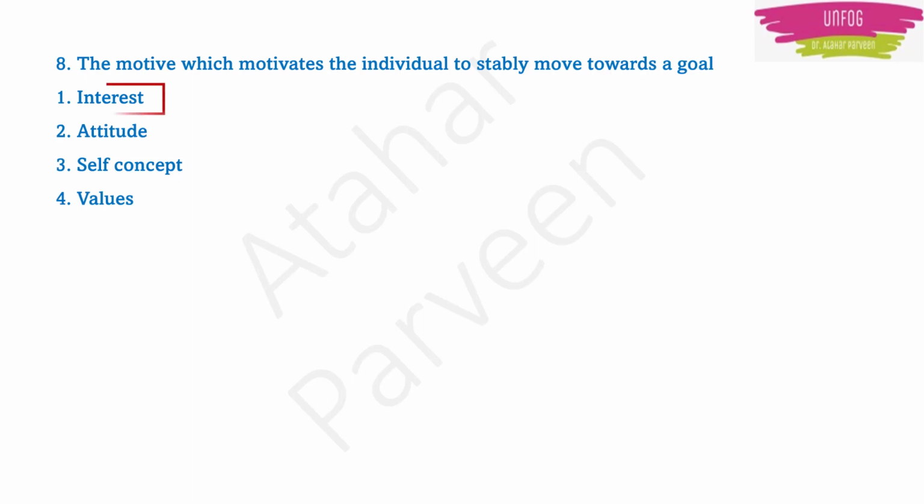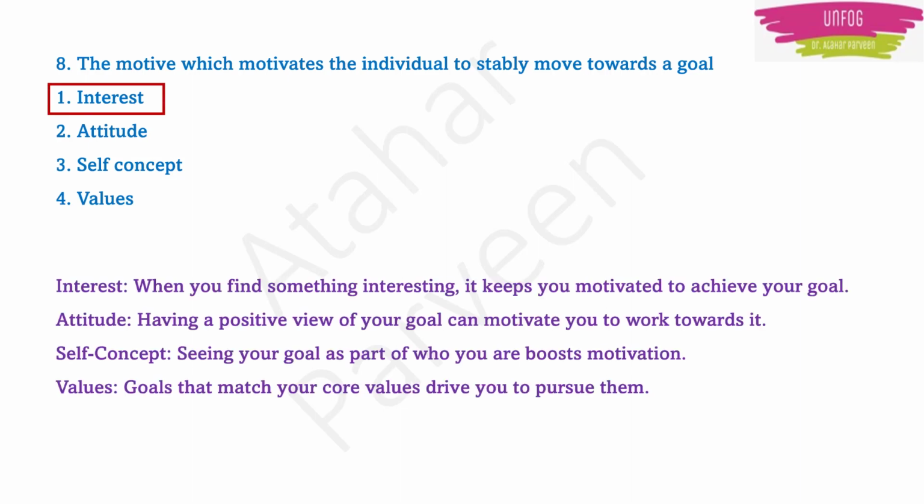I think it should be interest only, because when you find something interesting, it will keep you motivated to achieve that goal, right? Of course, attitude, self-concept and values also play a very important role in keeping the person motivated to achieve his or her goal. But I think interest will be the most motivating part for the person to stably move towards the goal. Okay, so option 1, interest, will be the correct answer.